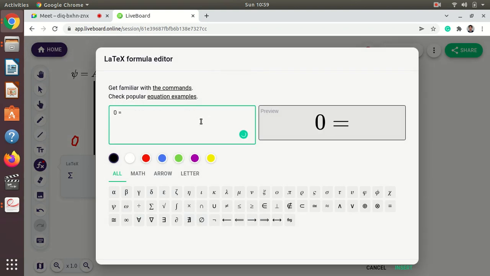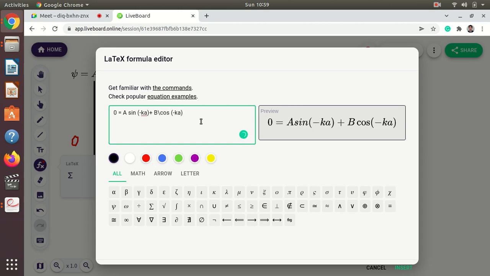So psi is equal to 0. This is equal to a sine of minus ka, because instead of x I have written minus a, plus b cos of minus ka.